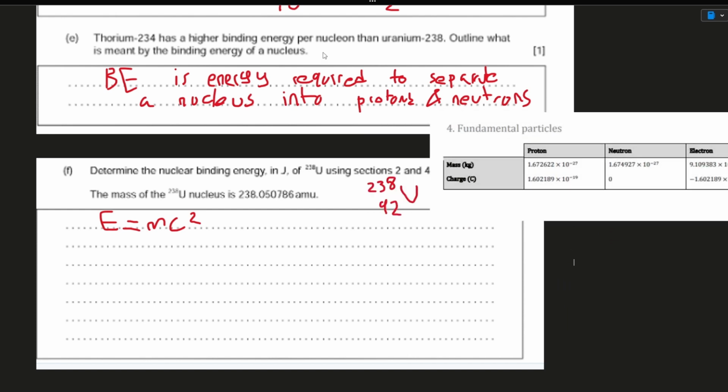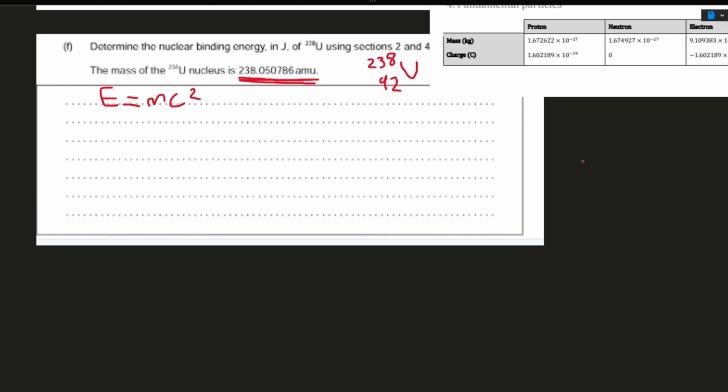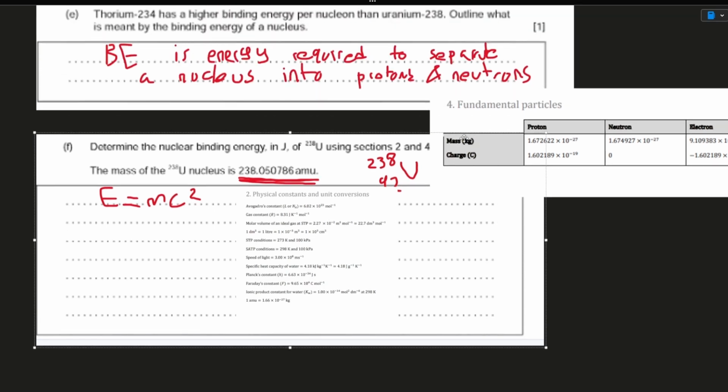At first, we should calculate the mass of the nucleus of uranium, which we can see here. The mass of the nucleus is this big number right here. And at first, we need to find the constant value of AMU. So this is where we use section 2 of the data booklet. I can paste that in right here as well.